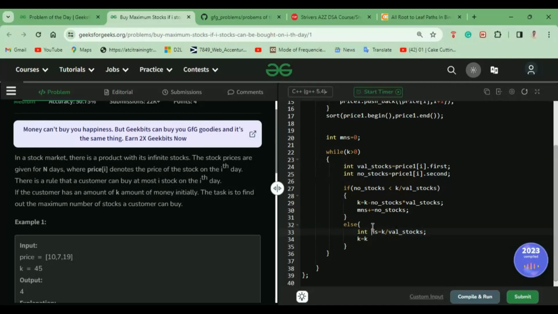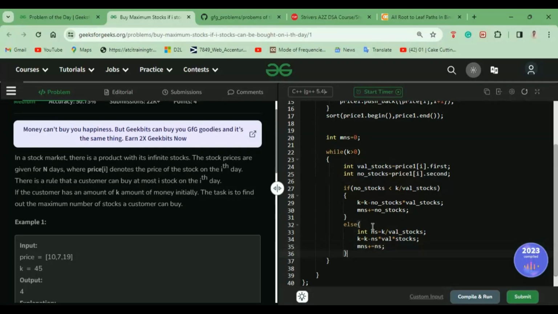So this is the number of stocks we can buy. We will subtract that value from k, and we will increase our maximum number of stocks by NS, right?